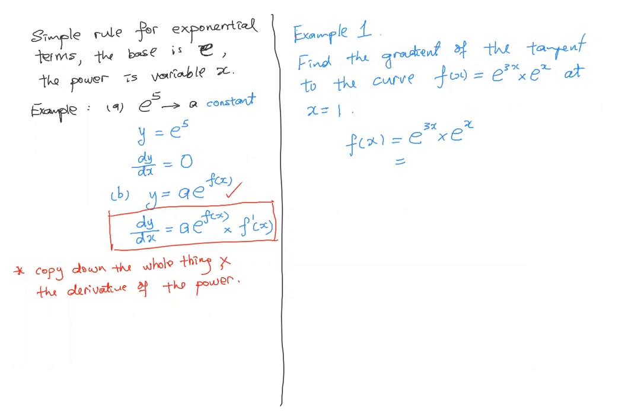Johan, e to the 3x times e to the x means e to the power of 4x. So now I wrote it in this form already, so I can find the derivative.